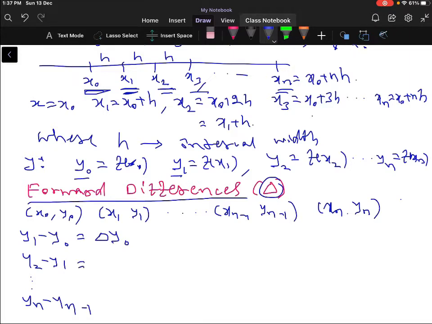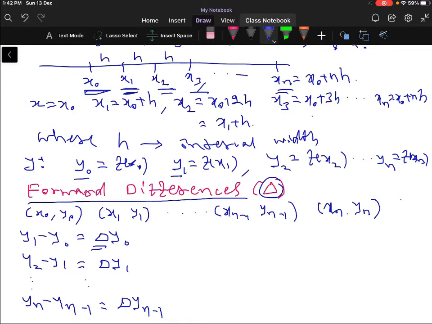So y2 minus y1 can be represented by delta y1, and so on. The difference of yn and yn minus 1 can be represented by delta yn minus 1. Here the symbol delta is the forward difference operator.